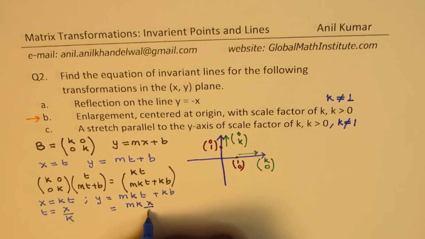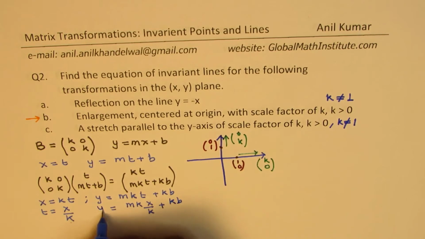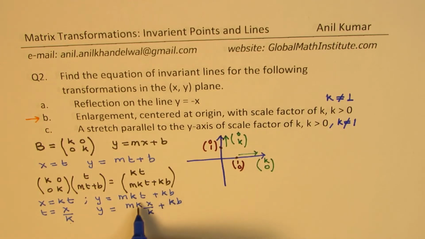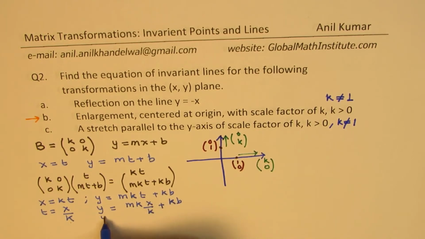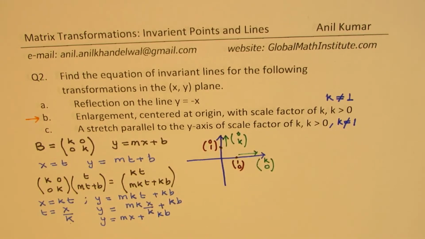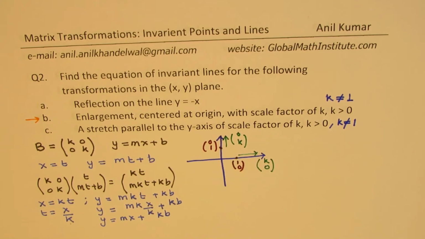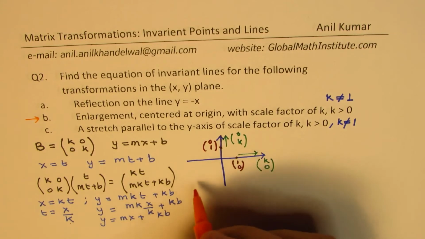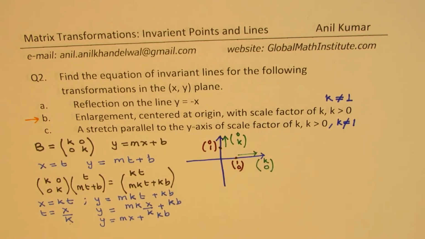So x over k, plus here we get kb. So we get y as equal to k and k cancel, right? So we get y equals mx plus kb. So that's what we get. Now for this we have two conditions, and let's take this equation on the right side.